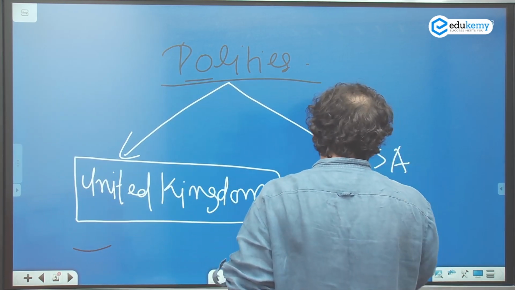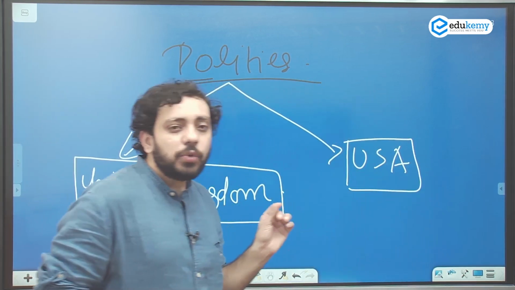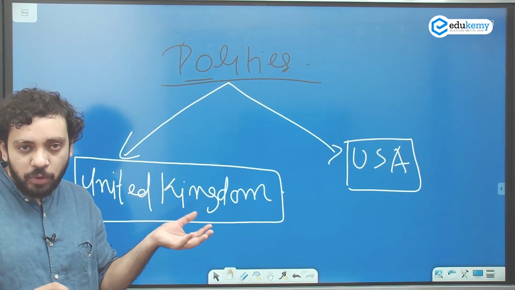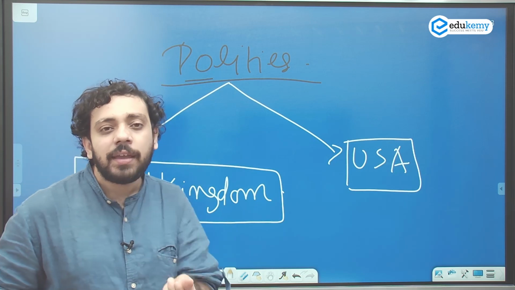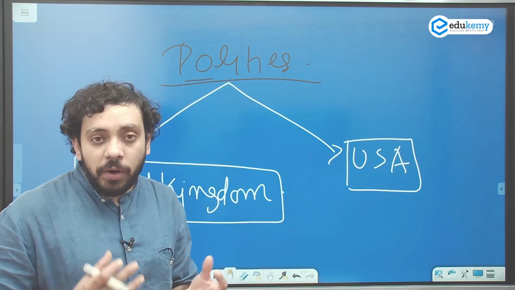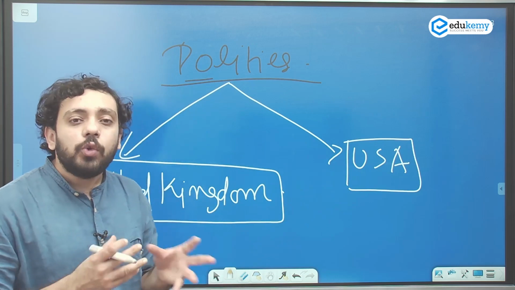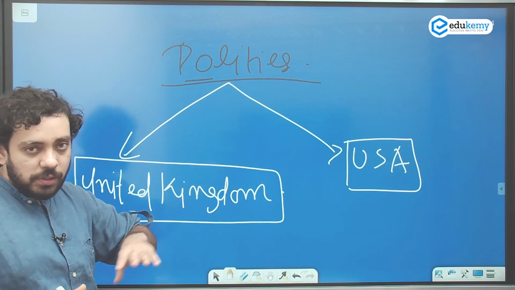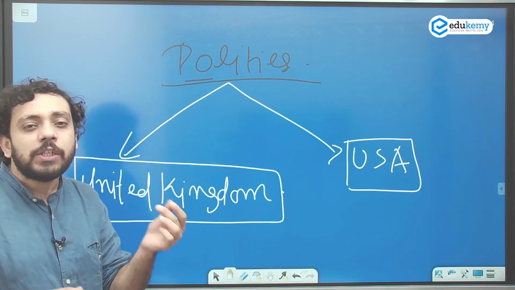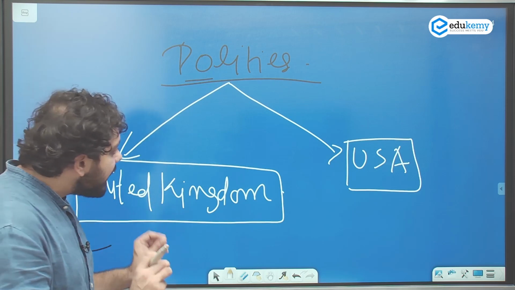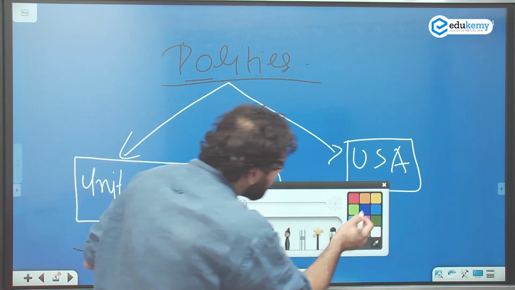Now, Indian Constitution has elements which have been borrowed largely from the United Kingdom Constitution, but it would be a mistake to think that the other constitutional scheme of things like the USA did not have anything to contribute to the Indian Constitution. If we are going to compare these two constitutional schemes on the elements which are given to us as options in the question, they can be divided into two very simple parts.